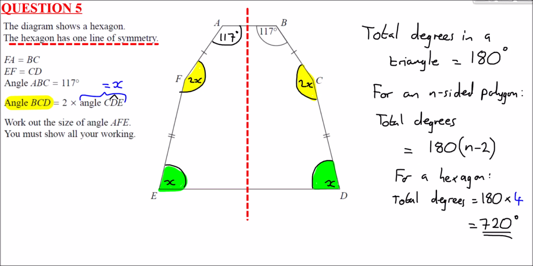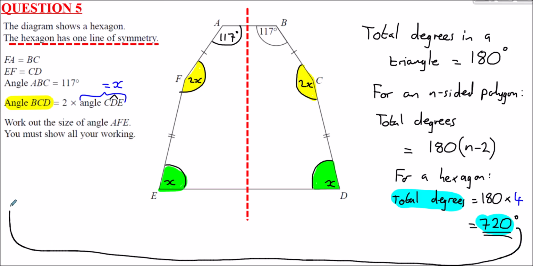Now we now know the total number of degrees for a hexagon, either using this formula or just thinking of it as 4 triangles glued together. The total degrees for the hexagon is 720. So we can use this to our advantage, and we are going to. So using this information, if we add all these angles together, it needs to come to 720.